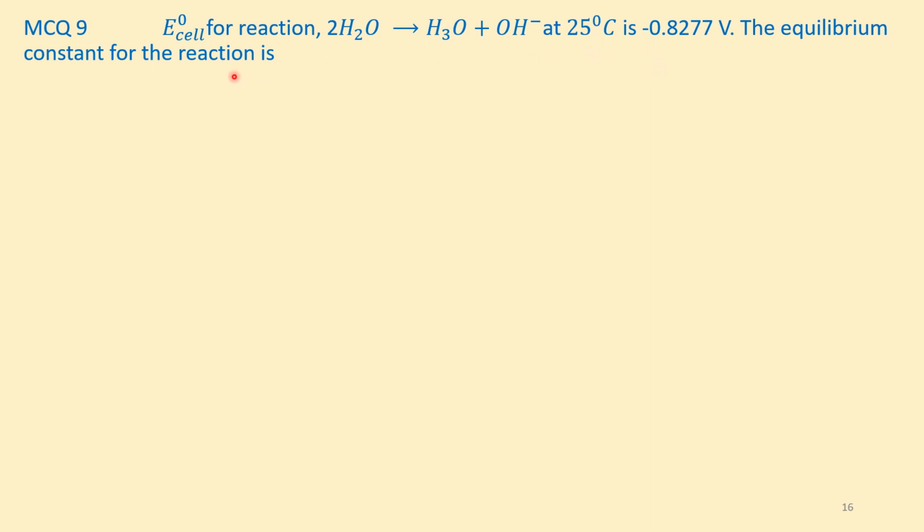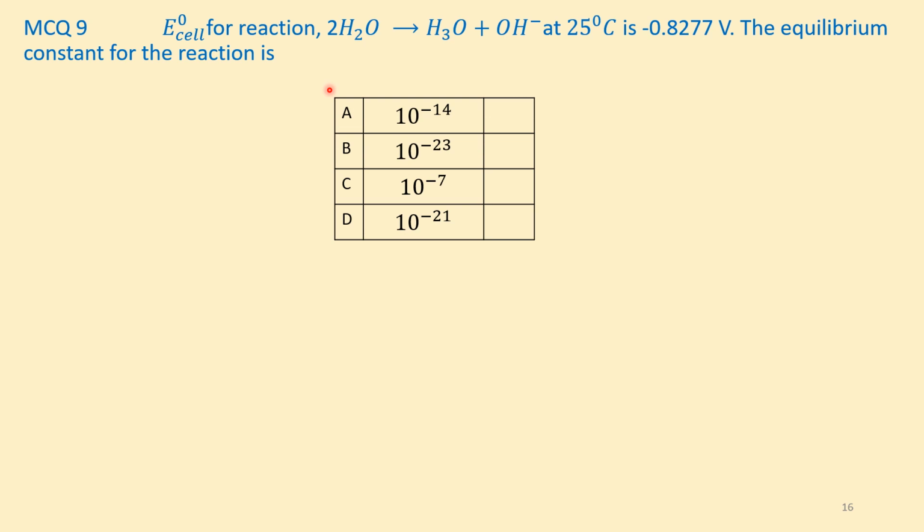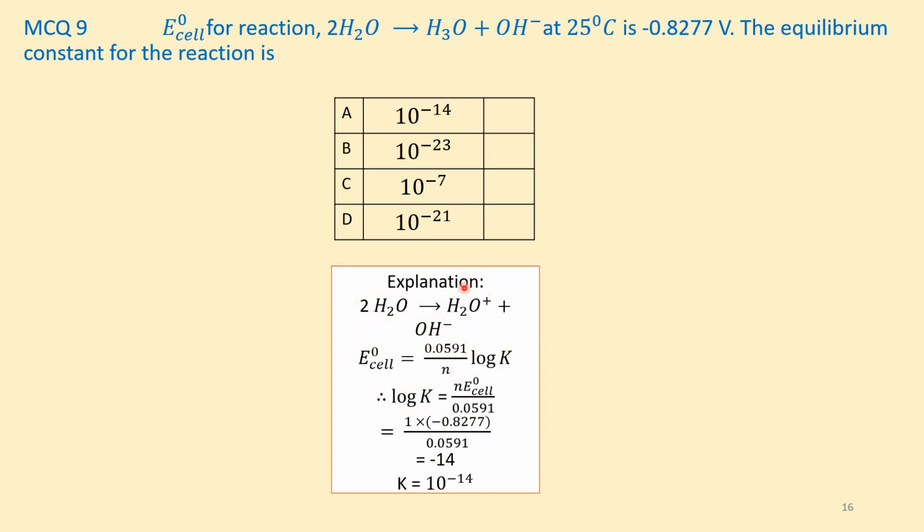That is standard cell potential. The equilibrium constant for the reaction is, four options are given. Please read all the four options and you have to make some calculations. Please pause the video, do it yourself, and I will simultaneously give the explanation.